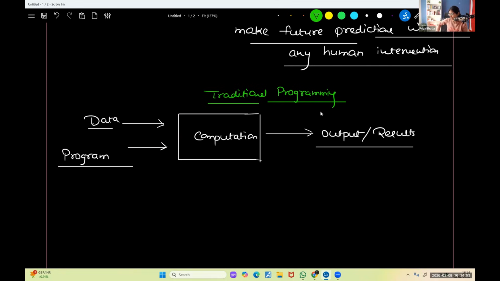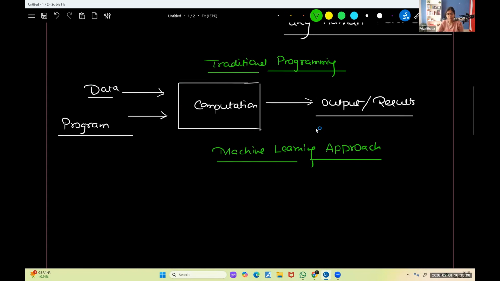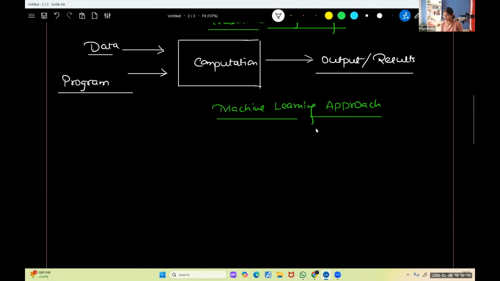But when we talk about the machine learning approach, what usually happens over here is that in machine learning, computation will happen. It's not that computation will not happen. Definitely computation will happen.